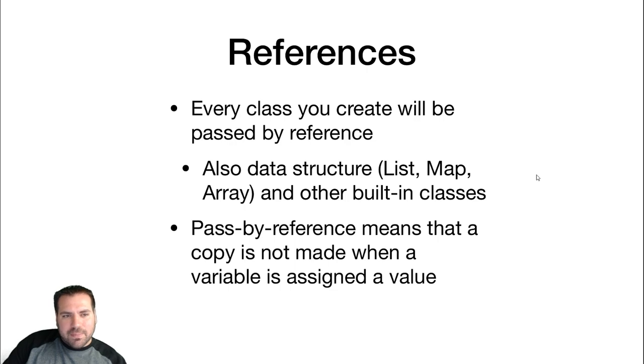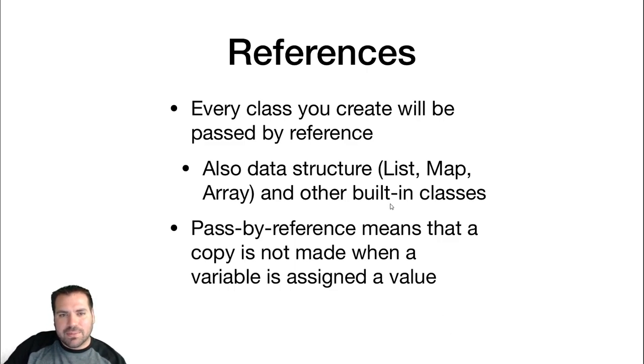So, and this is somewhat a side note, we're going to spend the rest of this lecture and most of next lecture talking about what this means. But references: every object you create will be passed by reference. So if you pass an object into a method, you don't pass a copy of it, you pass the object itself.